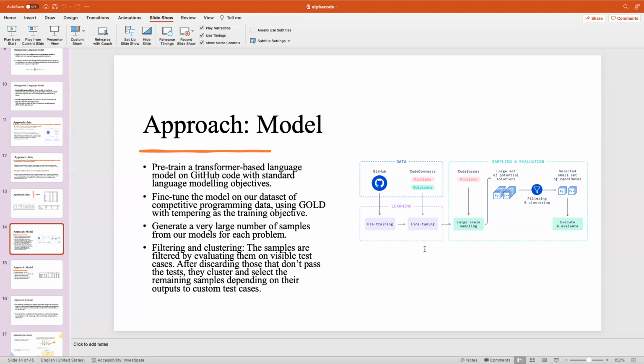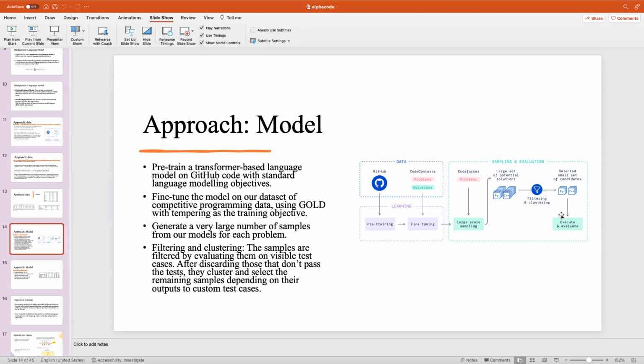During the inference, the model will first generate a very large number of samples from the model, usually about 1 million samples. Then for those samples, they develop some filtering and clustering process, which will filter the unqualified solutions and select the top 10 best solutions, which are going to be submitted to the programming contest and check the results.